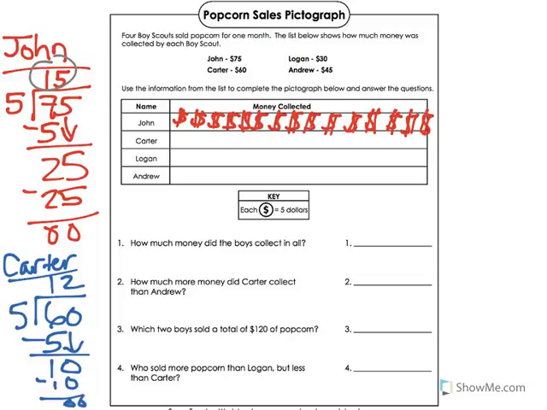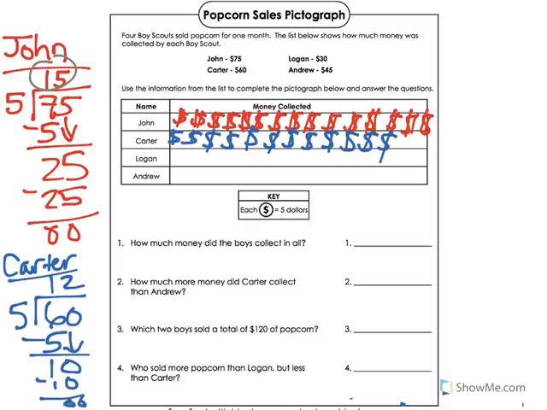So it zeroes out, and so Carter should have 12 money signs. 1, 2, 3, 4, 5, 6, 7, 8, 9, 10, 11, 12.